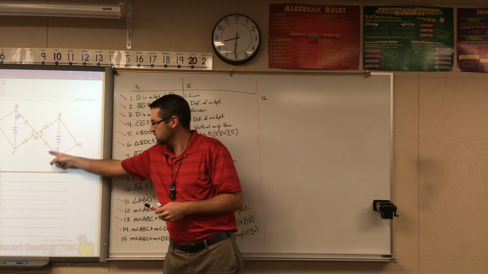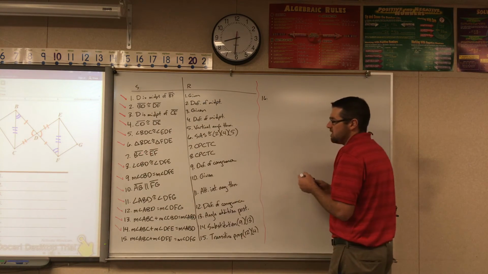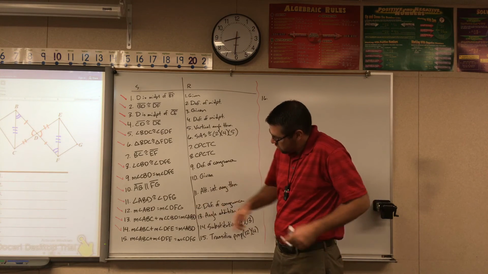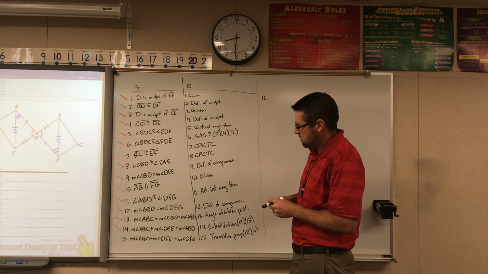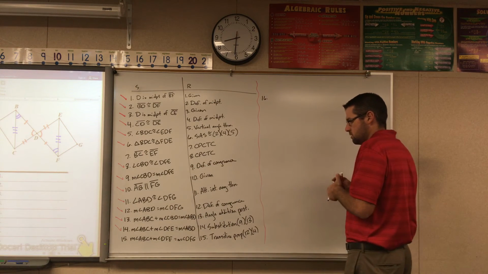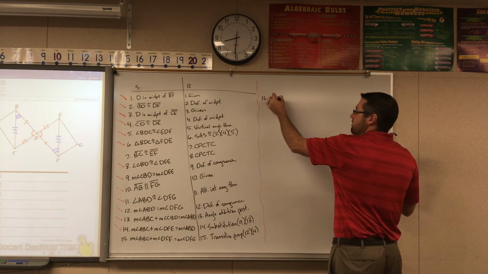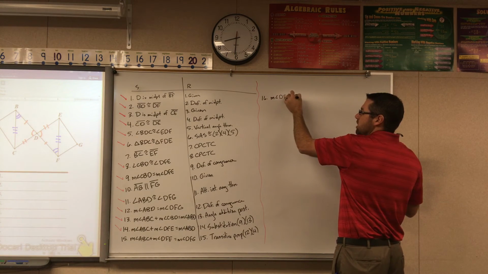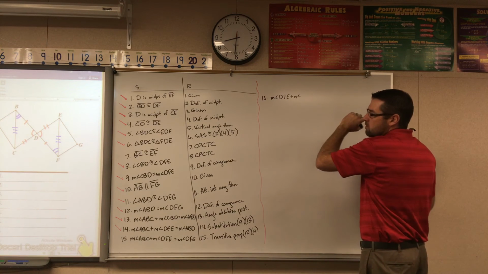Yeah. So this angle addition over here. Now I want to name them the same way that I've named them in the past. So I've named DFG and DFE, right? Okay. So it's going to say measurement of angle DFE plus measurement of angle what?